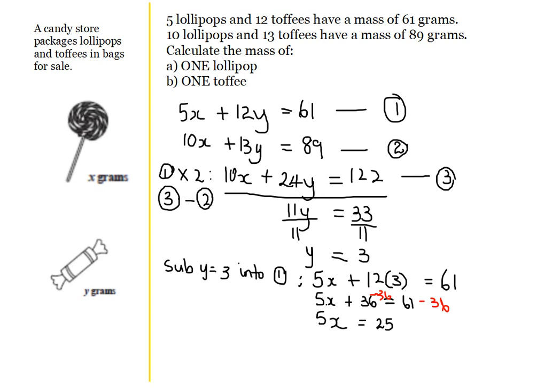So to solve for x, we're going to divide both sides of our equation by 5. And this would leave me with x is equal to 5.